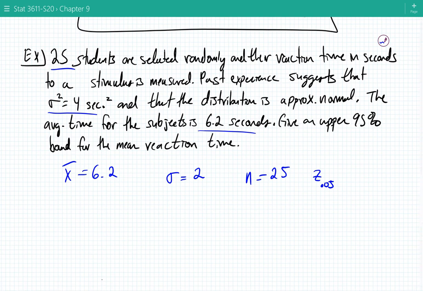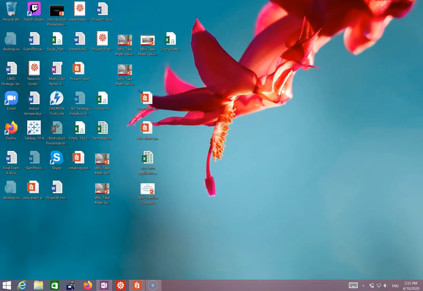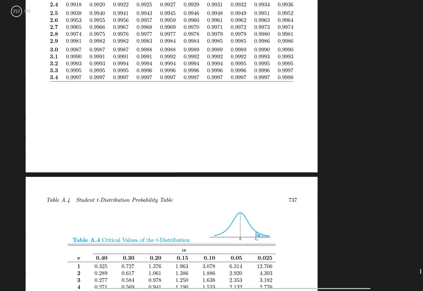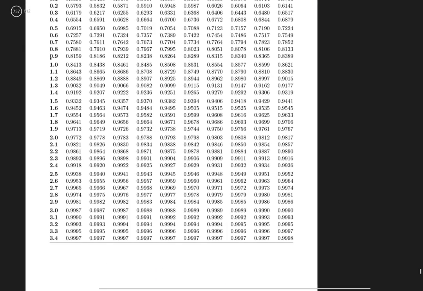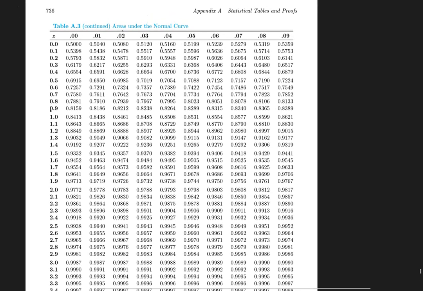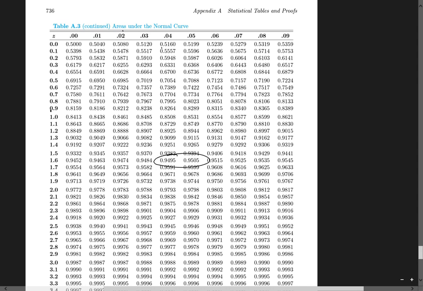Let's go to the normal table and take a look. 5% to the right would be 95% to the left. So where is 0.950 here? It falls between 0.9495 and 0.9505. So I would say it's fair game to say this is 1.645.